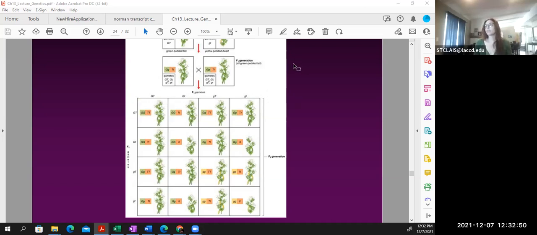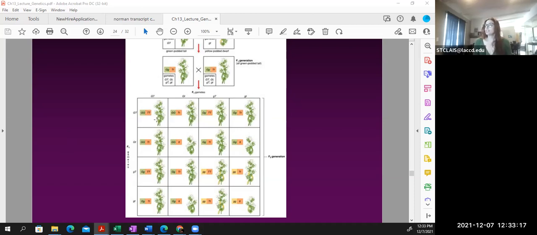Remember the F1 are identical to each other in their genotype, so we'll have the same thing in terms of the gametes from each parent. So we'll have the green podded tall combination here. We have a green podded short combination, a yellow podded tall combination, and then a yellow podded short combination.